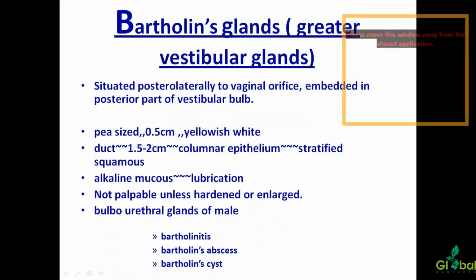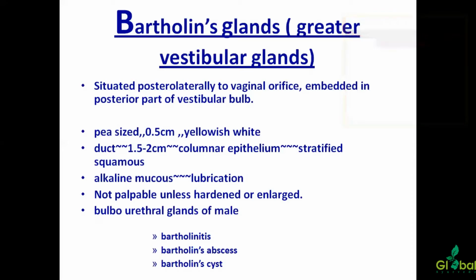Then Bartholin's gland. Bartholin's gland is otherwise known as the greater vestibular gland, and it is situated posterolaterally to the vaginal orifice, embedded in the posterior part of the vestibular bulb. It is a pea-sized gland, 0.5 centimeter, and yellowish white. It has a duct which is 1.5 to 2 centimeter.